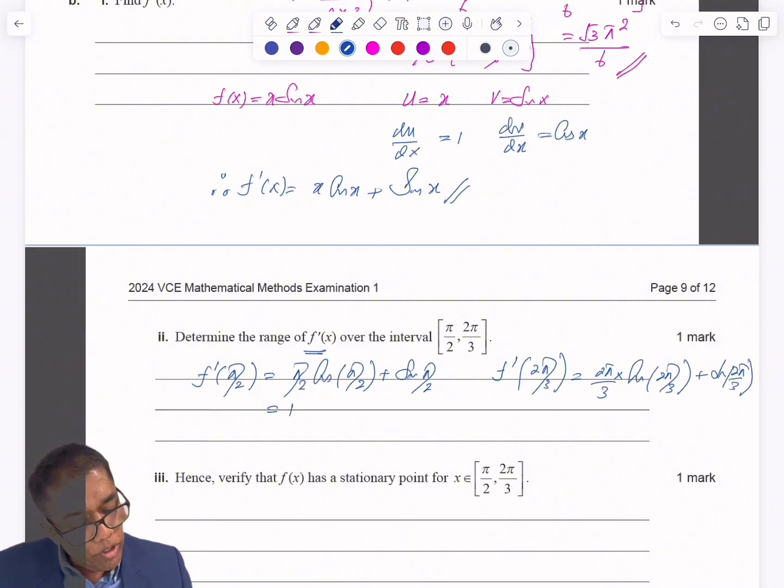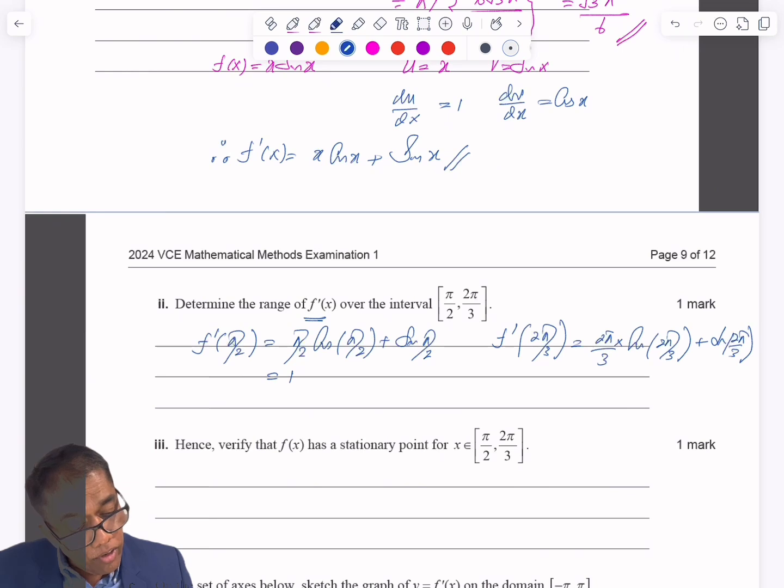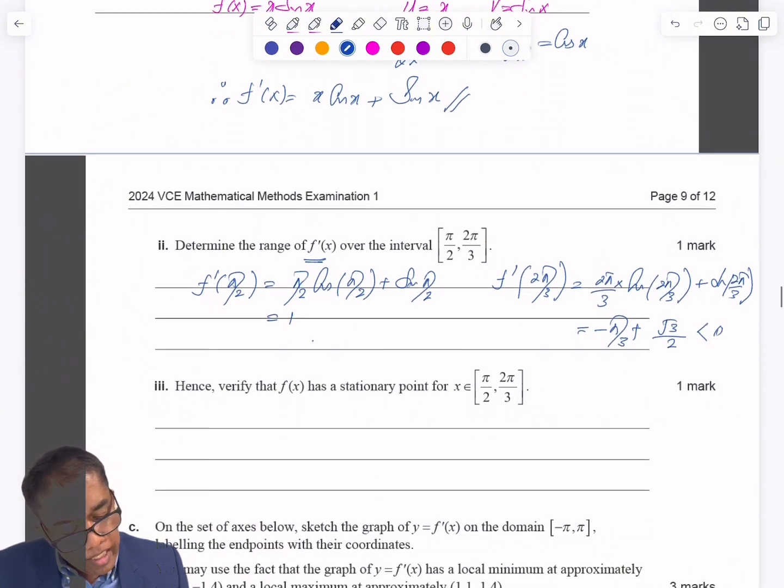Cos 2 pi on 3, we know, is negative half. So negative pi on 3 plus root 3 over 2. This is negative. Therefore, the range is root 3 over 2 minus pi over 3 to 1.